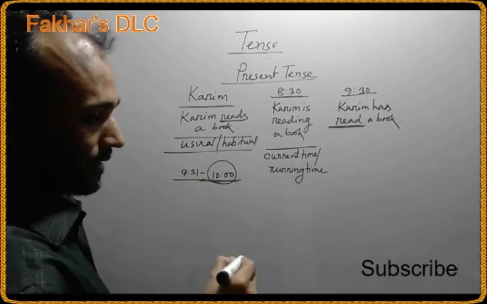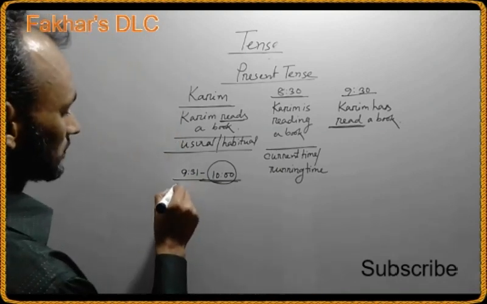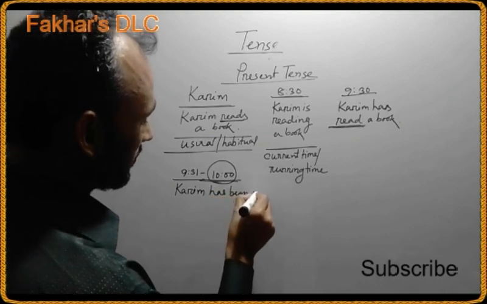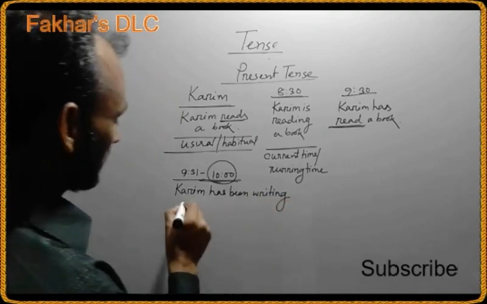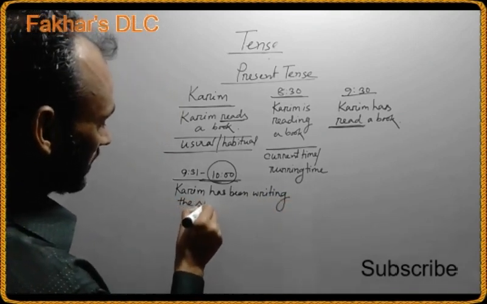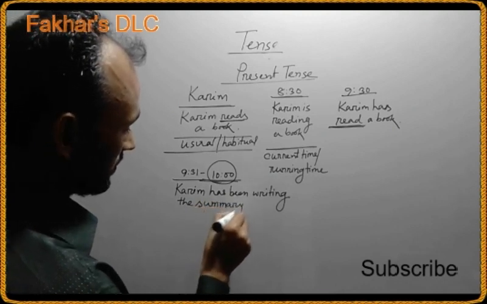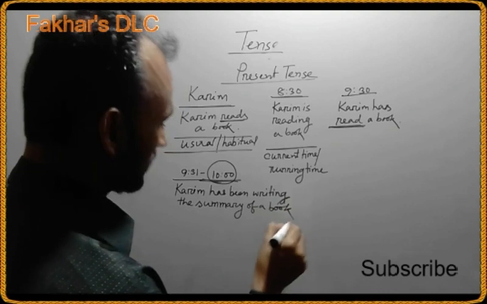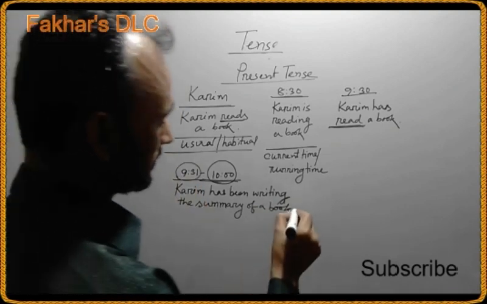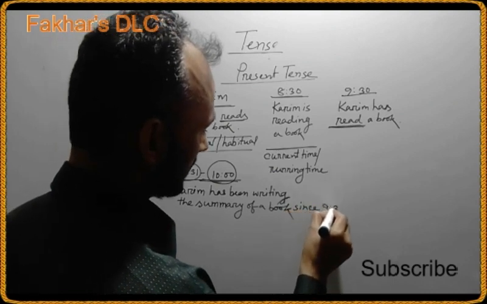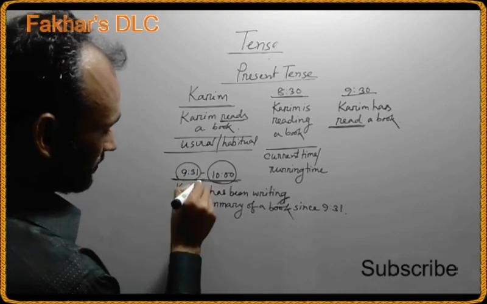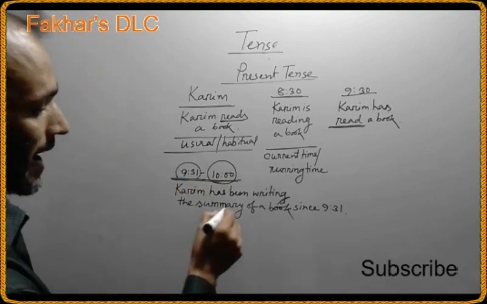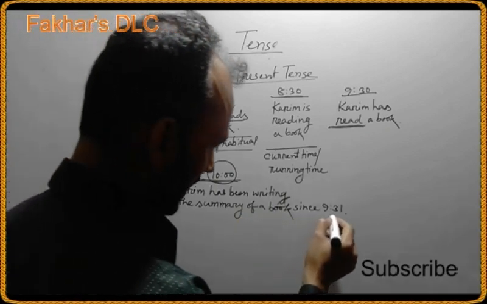So let me give the example: Karim has been writing the summary of a book since 9:31. He started from 9:31. That means he has been working since 9:31.